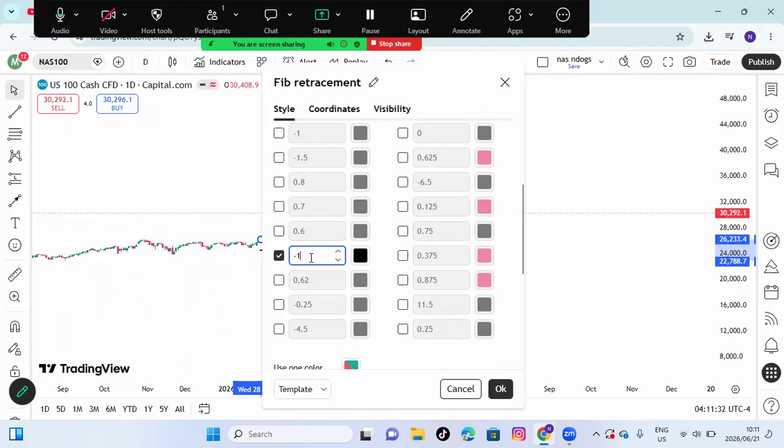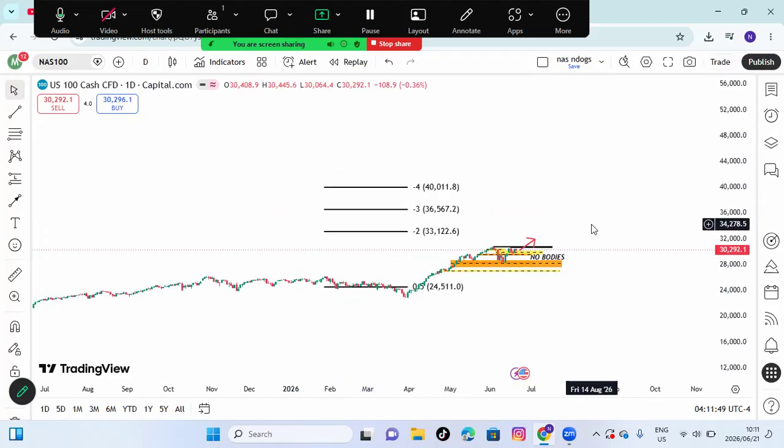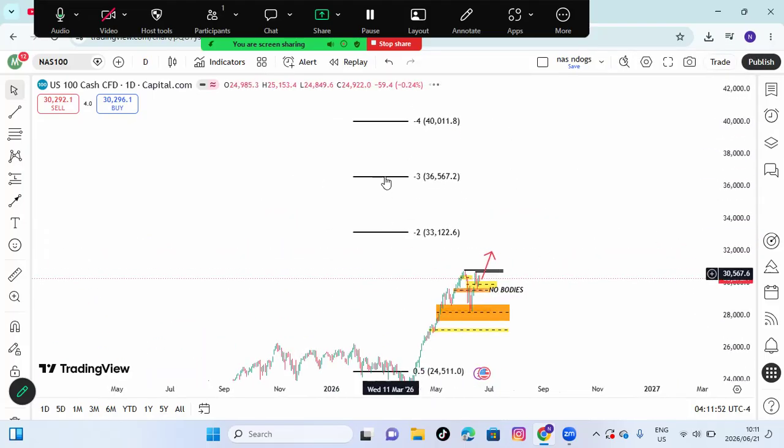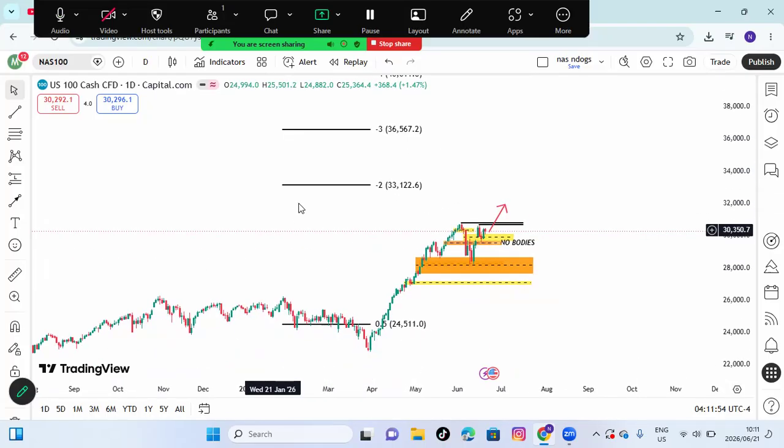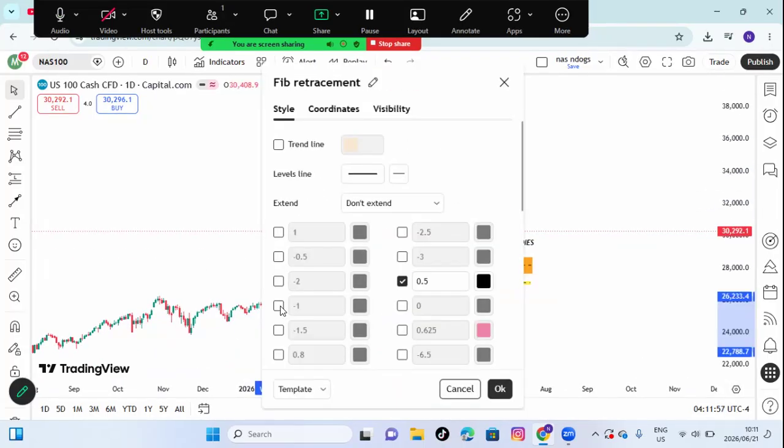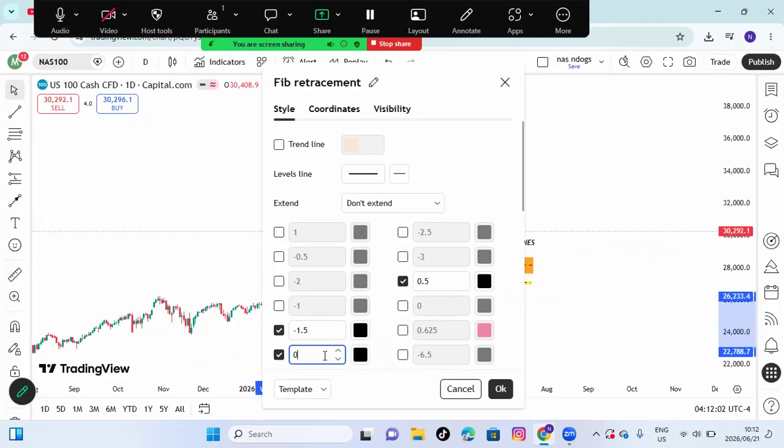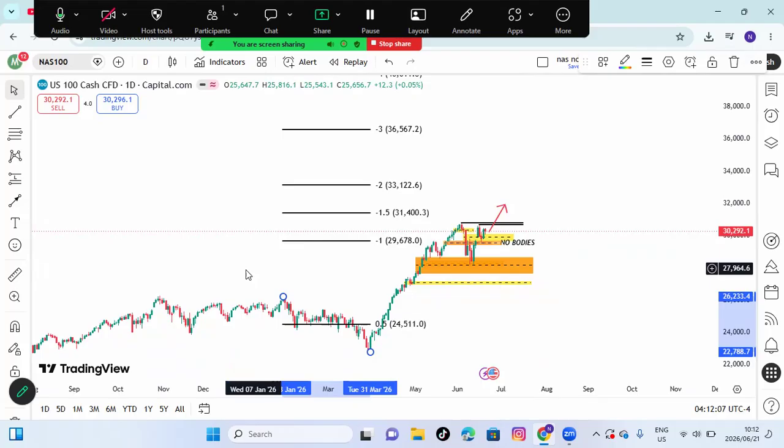You can do -3, -2. Then we could do -4. Let's see. There you go. Okay, let's go for -1.5. Let's check here, -1. So these are the fib extensions to the upside, basically.